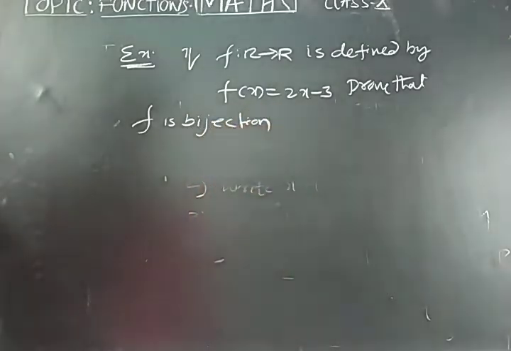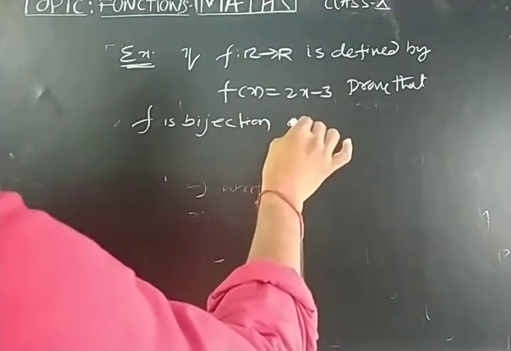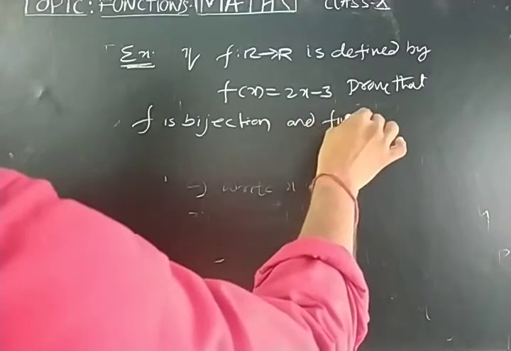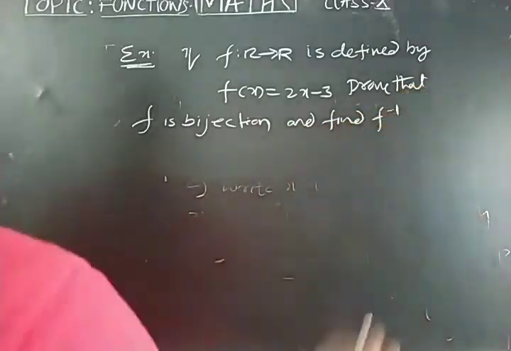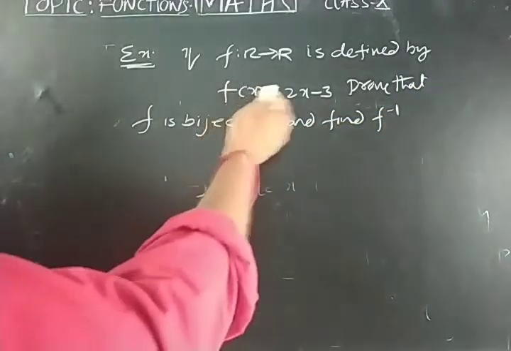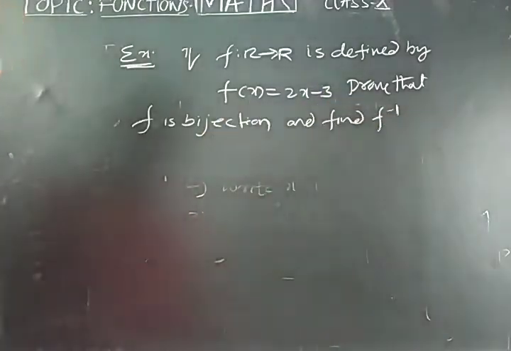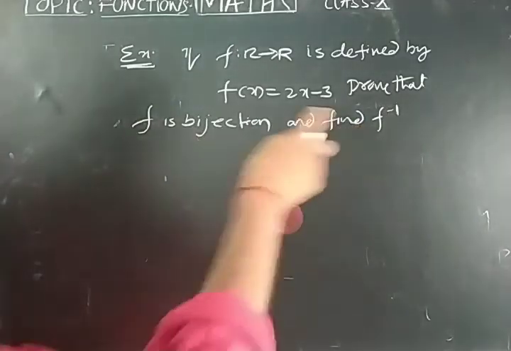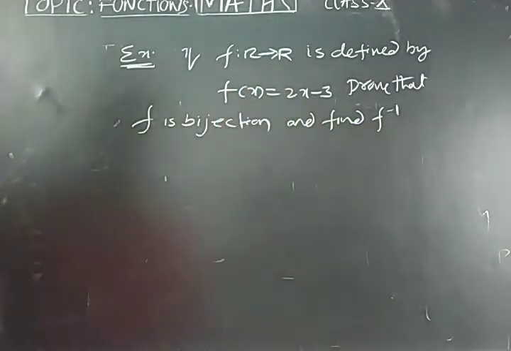After proving f is a bijection, find f inverse, that is, its definition. Before that, we have to show it is a bijection mapping.